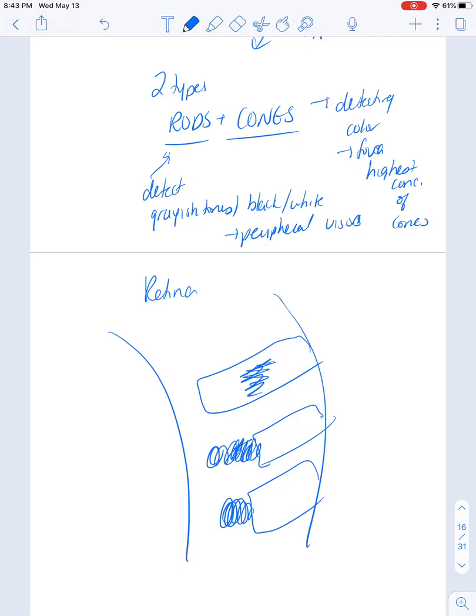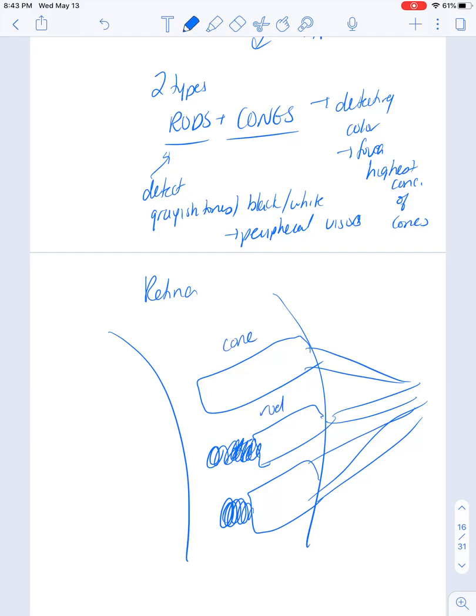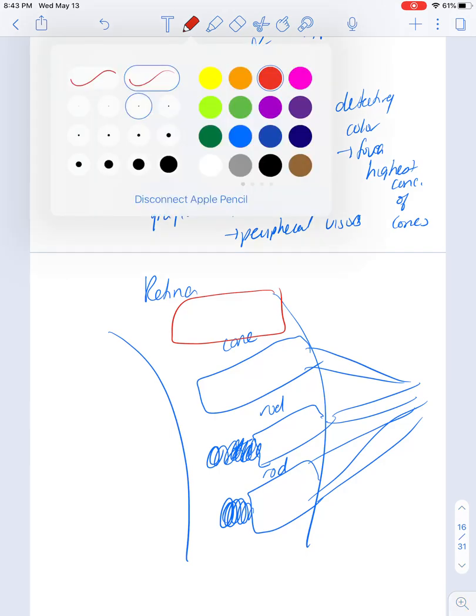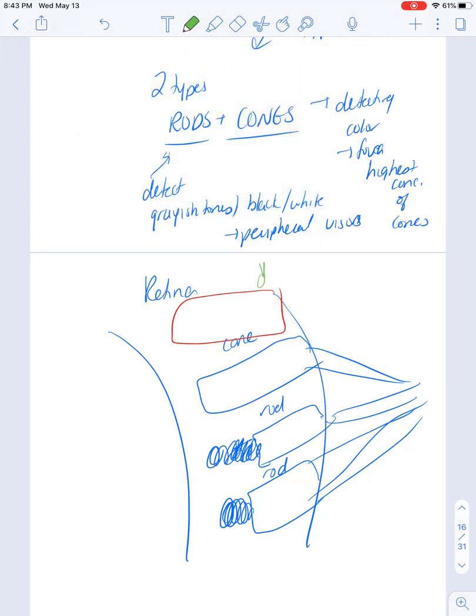Okay. So these rods and these cones. Imagine that this is a cone, and this is a rod, this is another rod, and then there's another cone here, and another cone here.